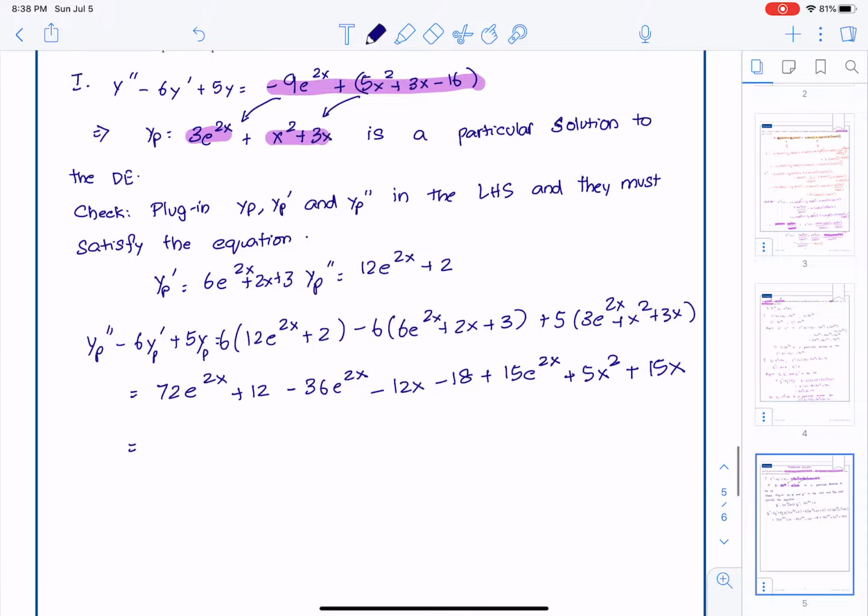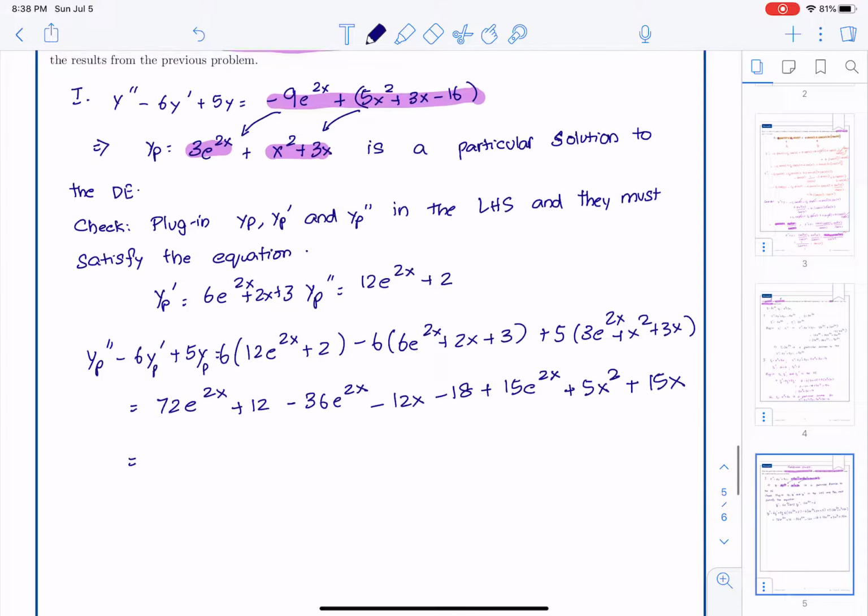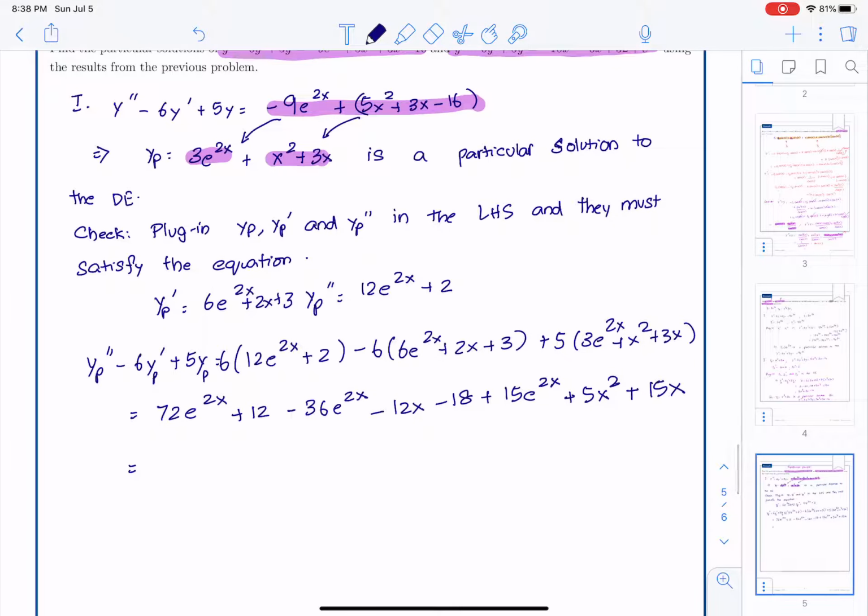Okay, let's combine like terms. I don't understand why I have a 6 here, it shouldn't be there. I knew I was doing something wrong. So that should simply be 12 e raised to x plus 2. Combine like terms.